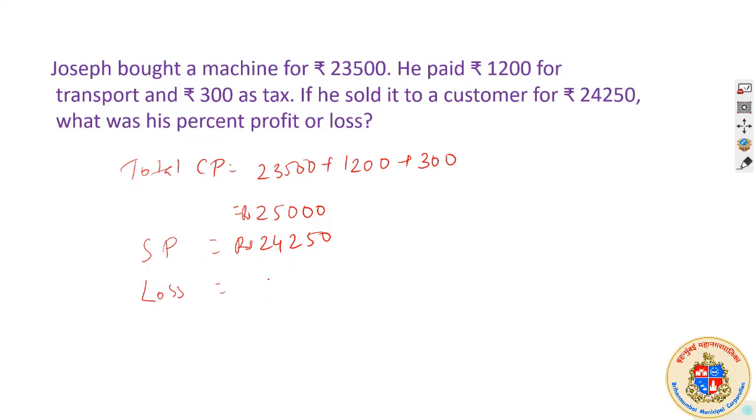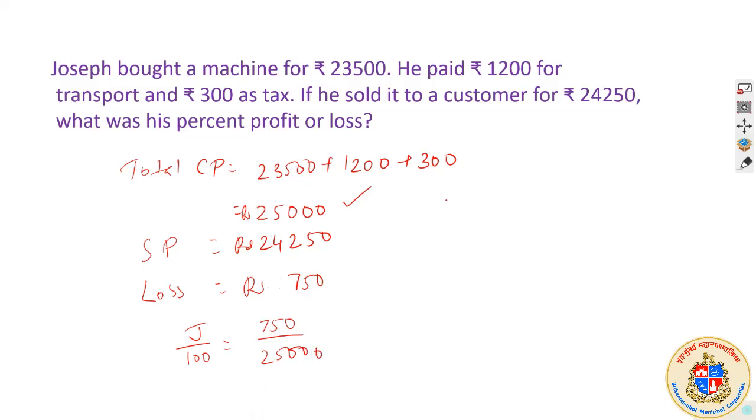We can do it directly. Difference is 750 rupees. What was his investment? 25,000 investment. So here Joseph, the profit or loss for 100 rupees will be compared with the loss he incurred by investing 25,000.